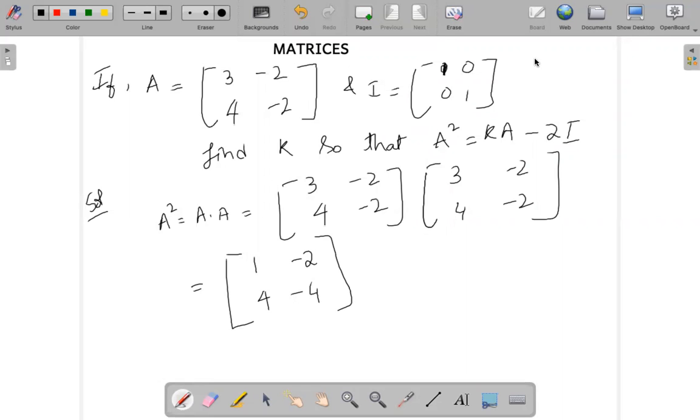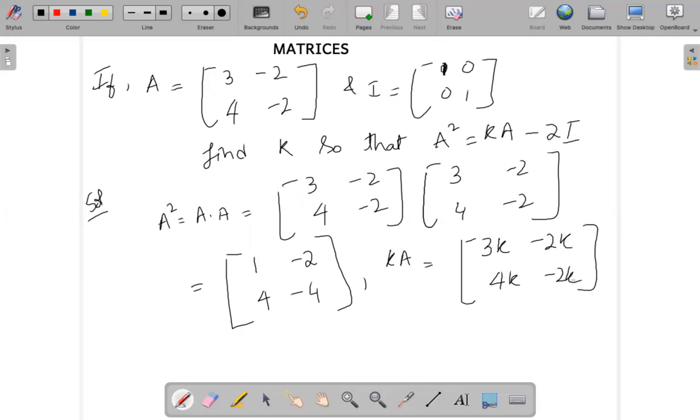Let us substitute, and also kA. kA will be k times A, which is 3k, minus 2k, 4k, and minus 2k.